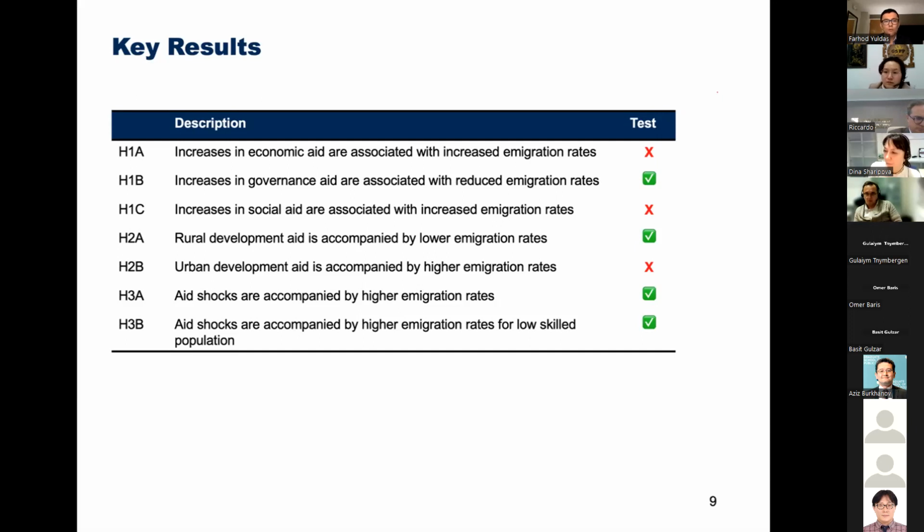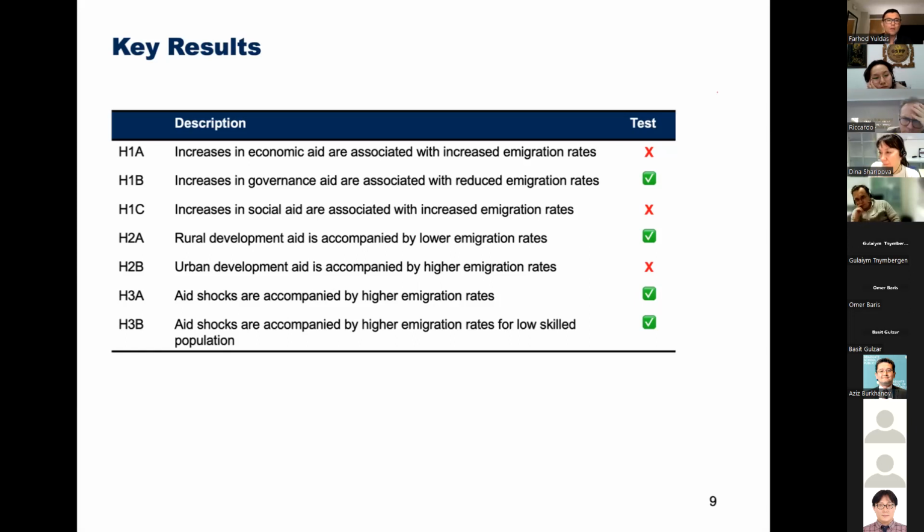In terms of rural versus urban development, we found that while rural development aid is accompanied by lower immigration rates, we didn't see support for the hypothesis that urban development could increase migration.